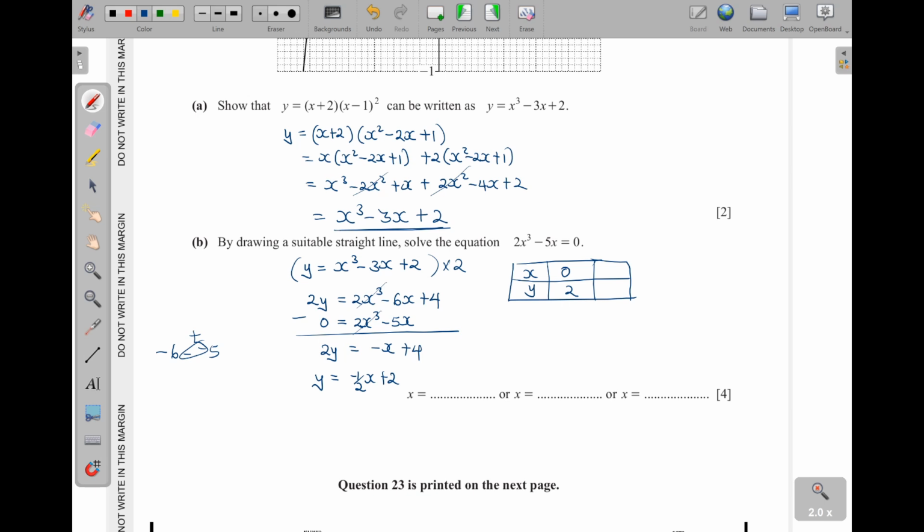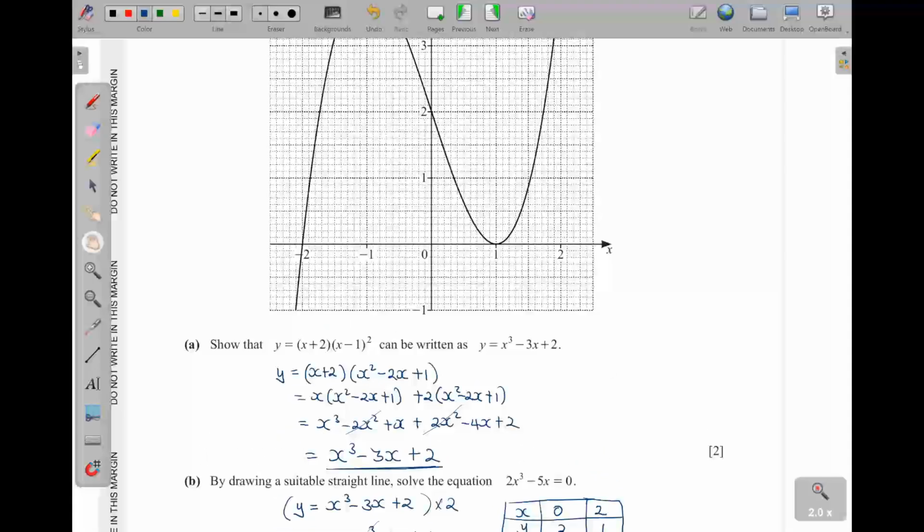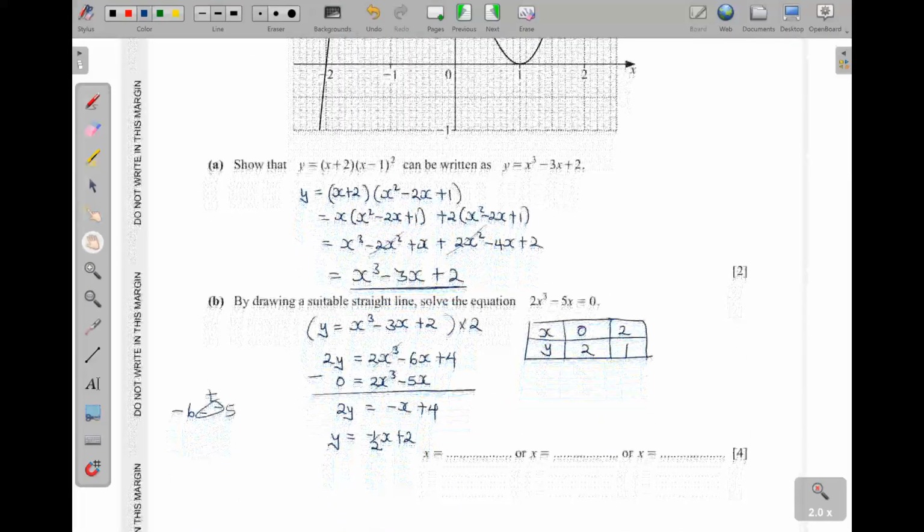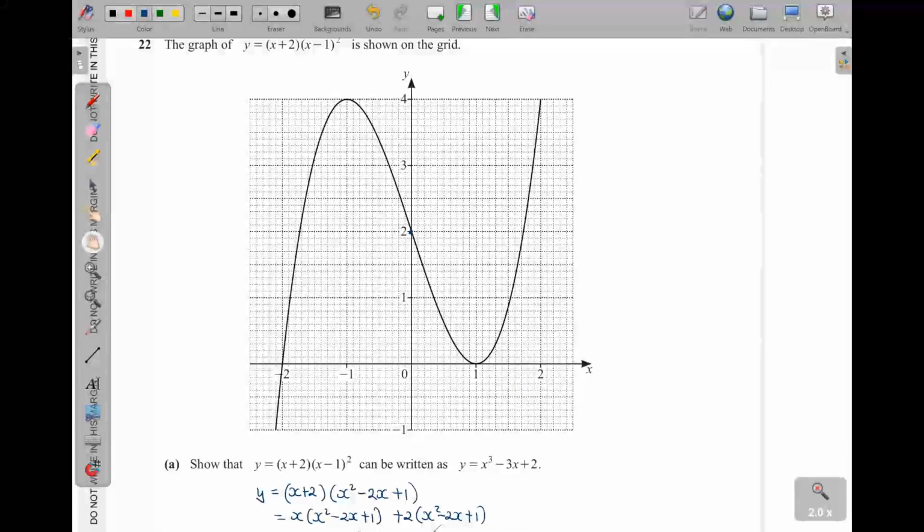And for example, when x is 2, when I put 2 here, so negative a half times 2, you will get negative 1, then plus 2, that one gives us 1. So I go to this graph and I plot 0, 2. 0, 2 is here, and then the other one is 2, 1. 2, 1 is here.